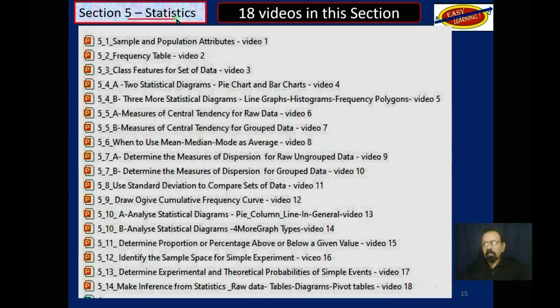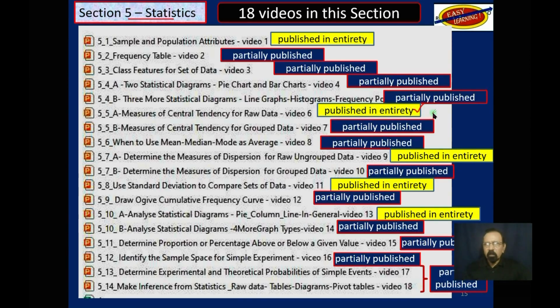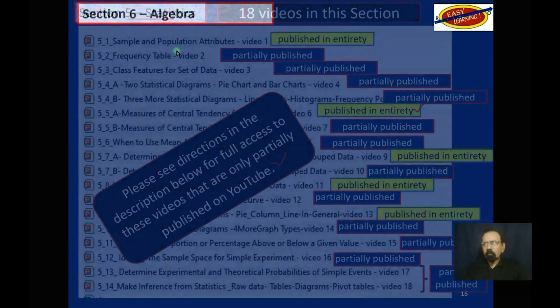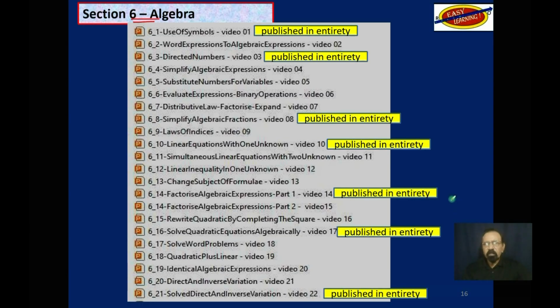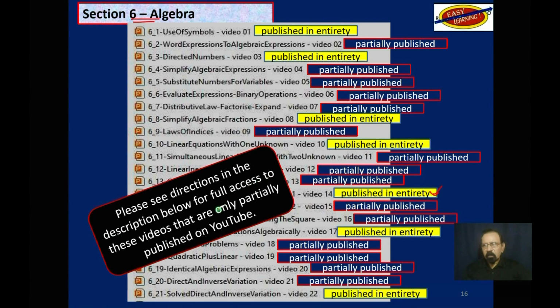Section 5, Statistics. Again, these indicated in yellow here have been published on YouTube in their entirety. The others, partially. Please see directions in the description below for full access to these videos that are only partially published on YouTube. And that will apply to the other sections that follow. Section 6, Algebra. These 7 videos have been published on YouTube in their entirety, as indicated in yellow here, and the others partially.